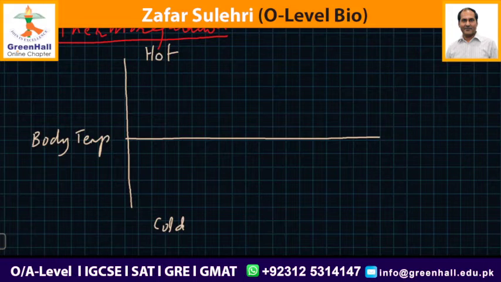If someone is playing in the hot summer outside, what will happen to the body temperature or the skin temperature? Do you think the body temperature will slightly rise above this normal body temperature, which is 37 degrees Celsius? So this slight rise in temperature acts as a stimulus.